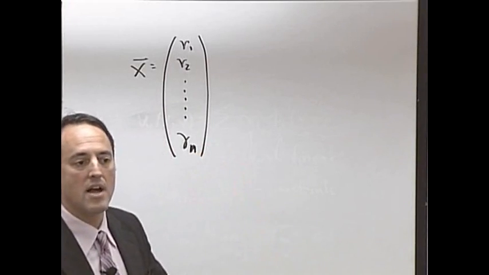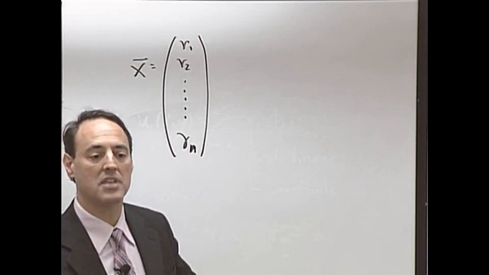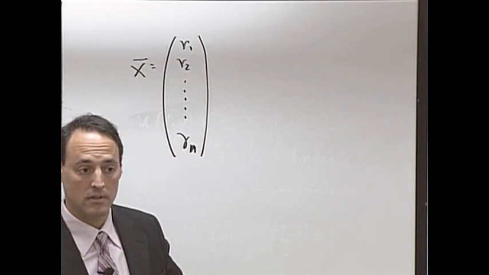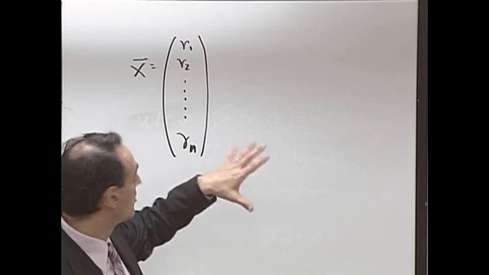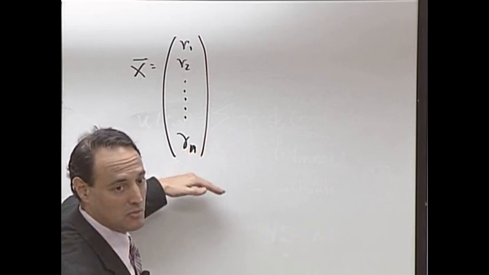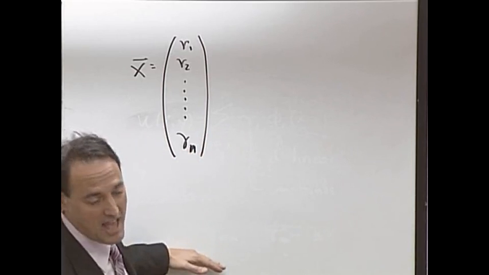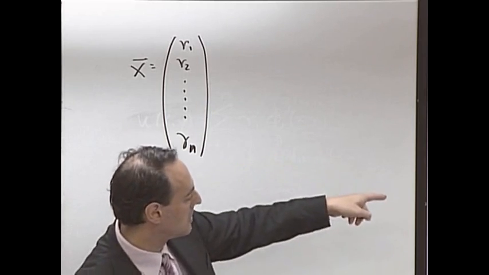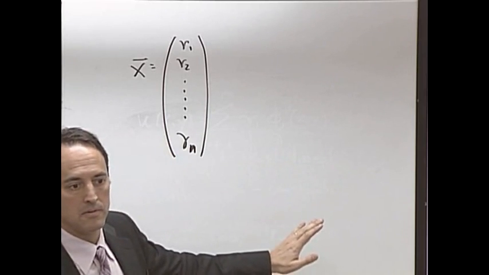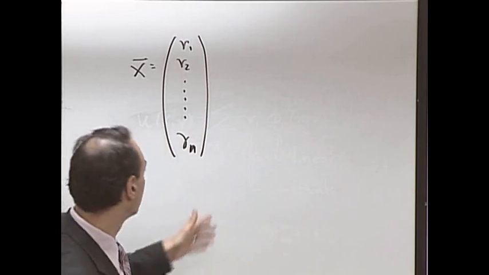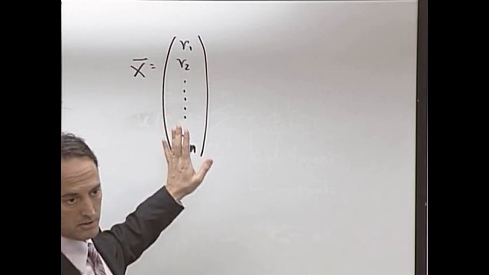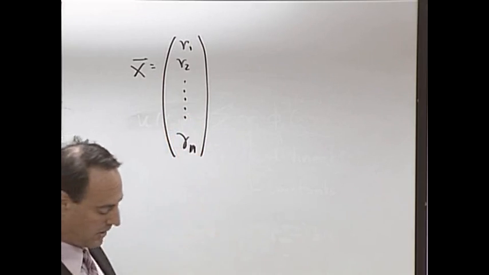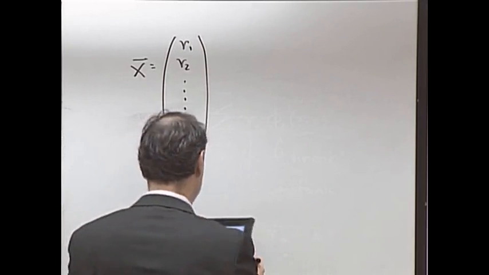From n plus 1 to m, I actually know what they are because they have to satisfy the boundary. Okay? So n plus 1, n plus 2, all the way to gamma m, those are actually satisfying a boundary condition associated with that second piece there, so they get determined. Everything in the interior, that's what I'm trying to determine here. So I got this x, that's what I'm trying to get out of this AX equal to B solve.